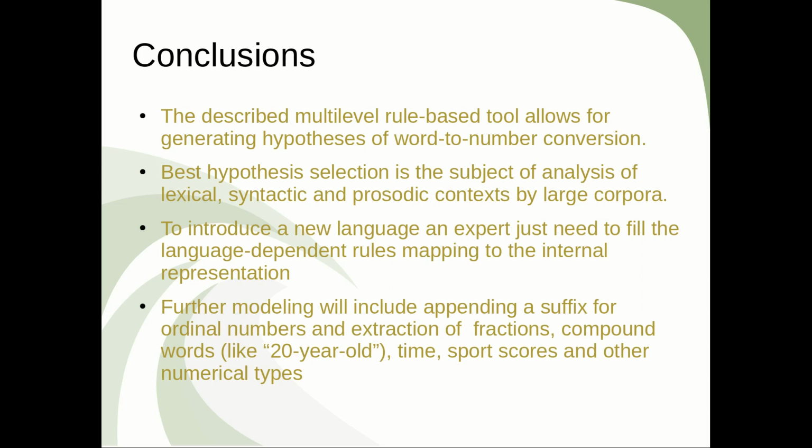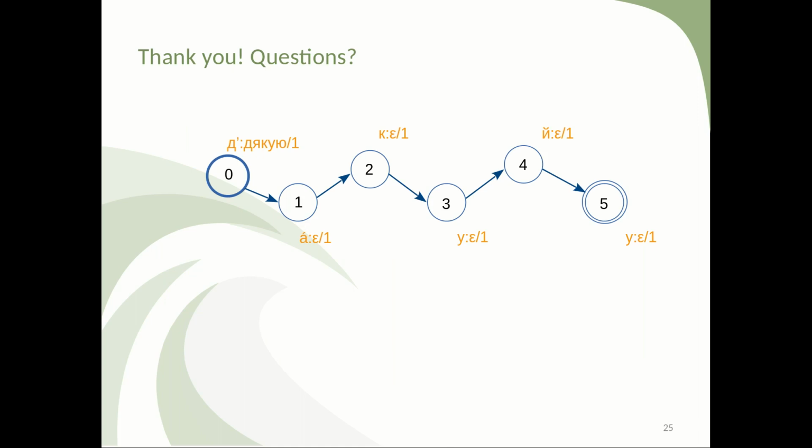An expert just needs to fill in the language-dependent rules that map numerical words to their internal representation. And future research will allow us to cover more and more numerical types. That's all. Thank you.